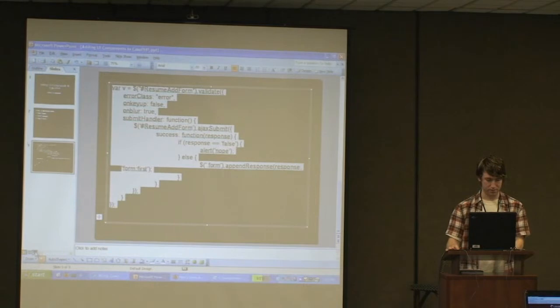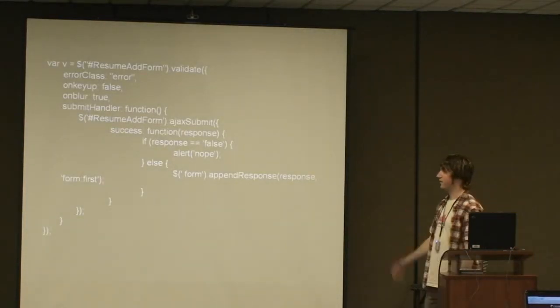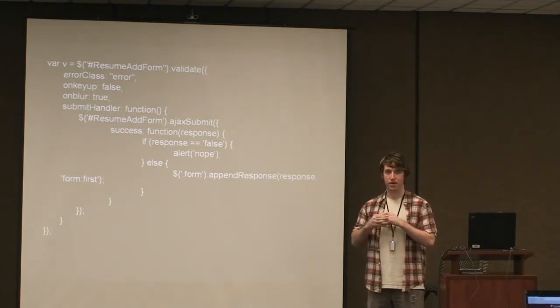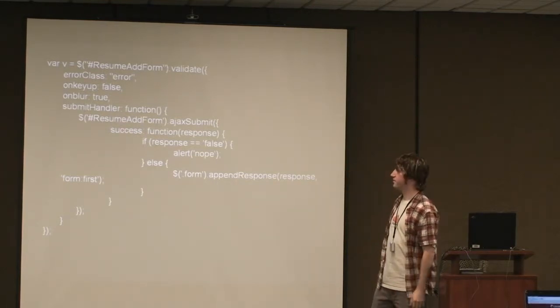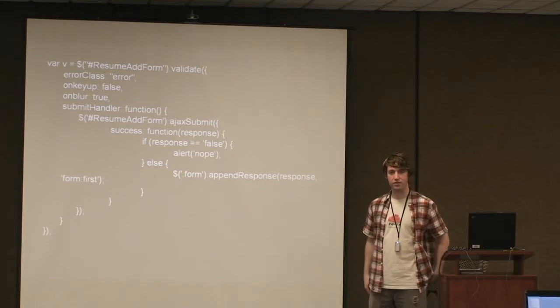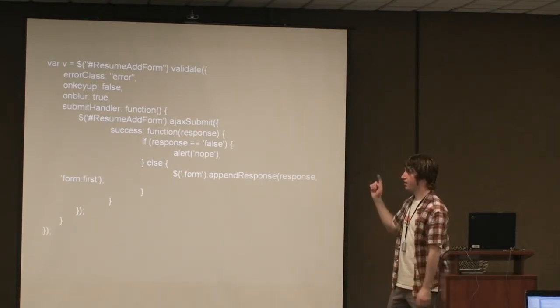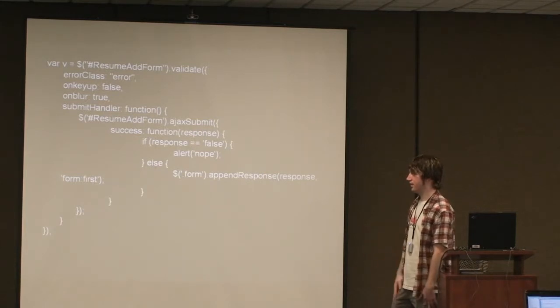This is the JavaScript that basically hijacks the form. We're going to use the validate plugin, which is Jörn's validate plugin for jQuery. We're going to say the error class is error, and we'll check it on blur.